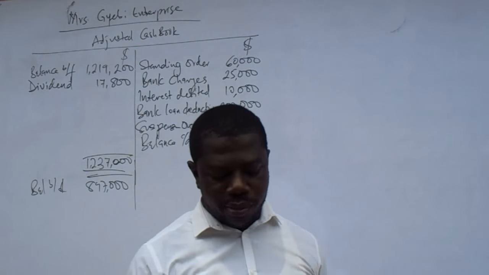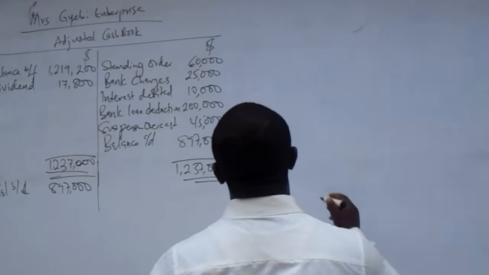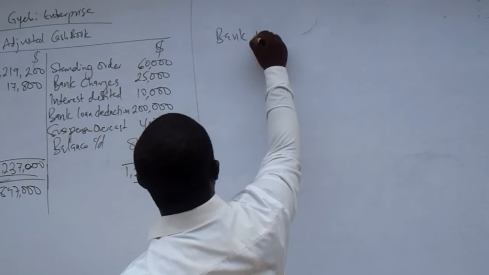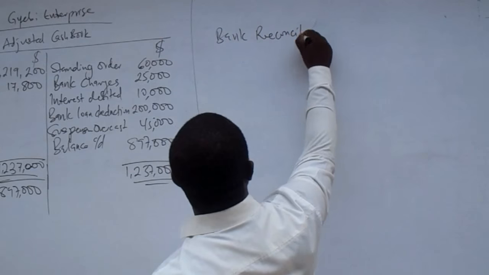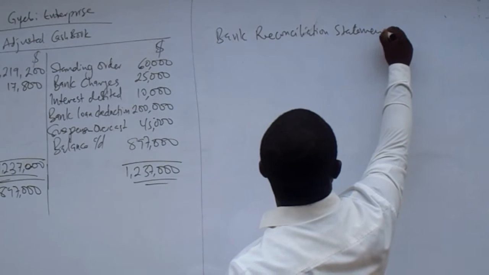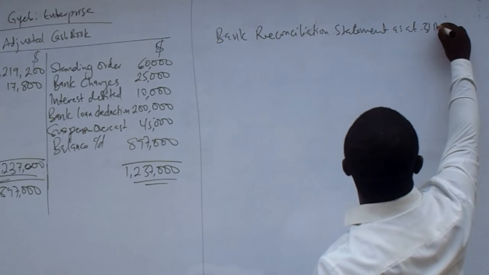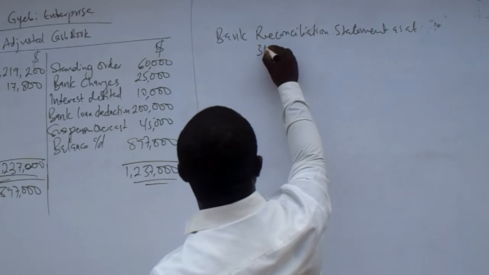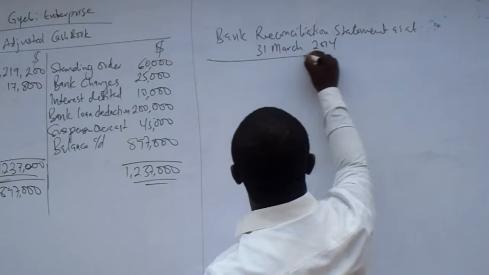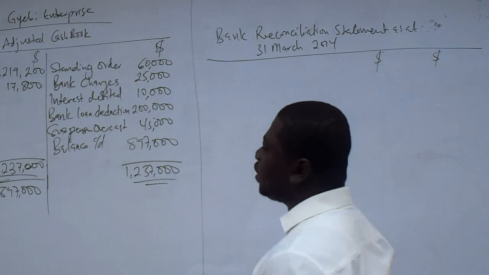And so the next requirement is that we should prepare a bank reconciliation statement. And so we'll say bank reconciliation statement as at 31st March 2014. So we show our currency signs.